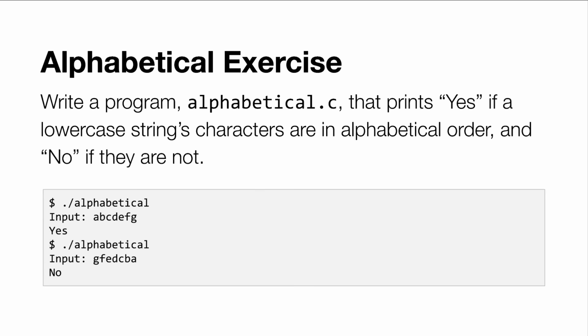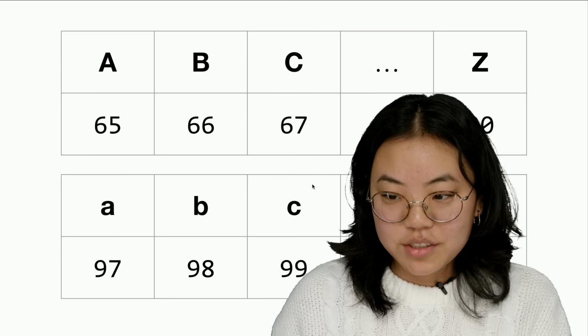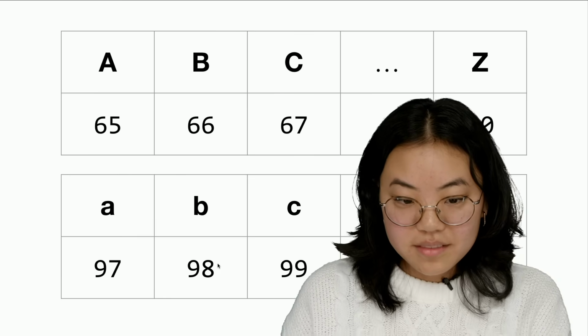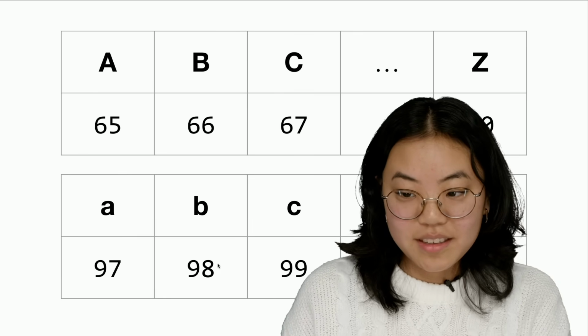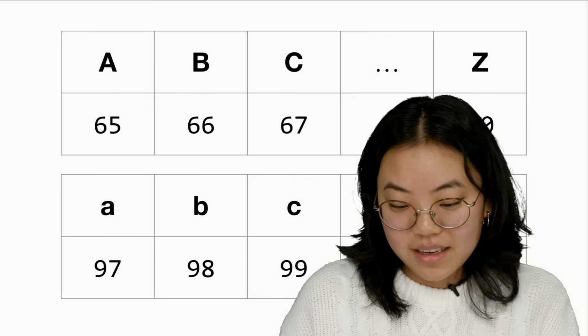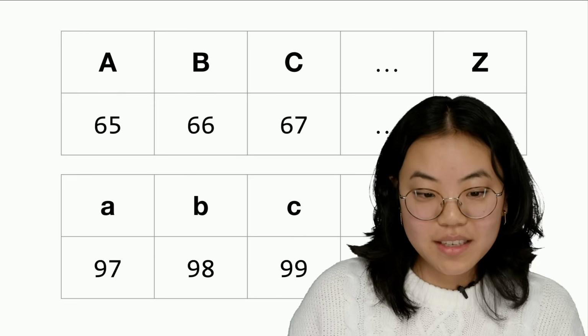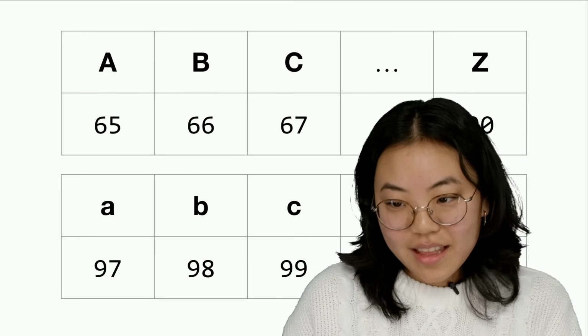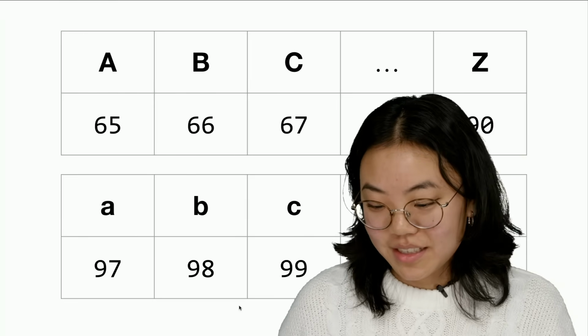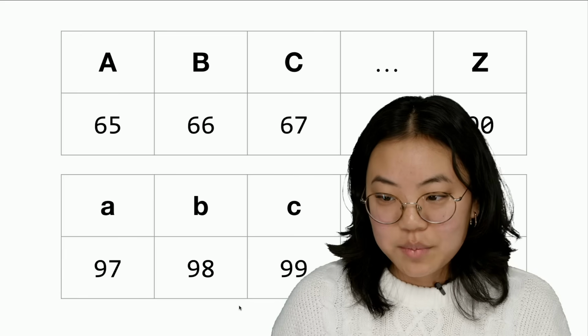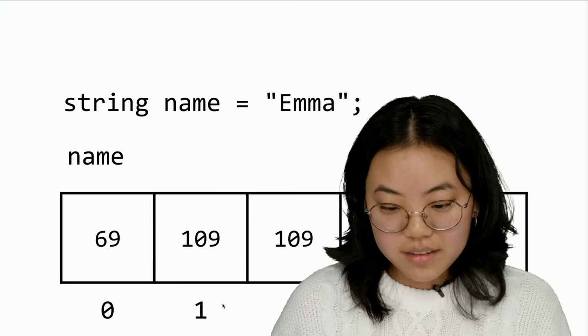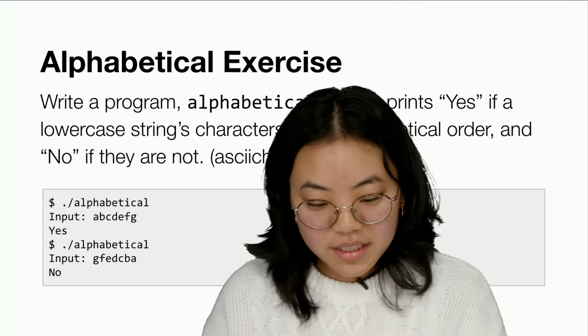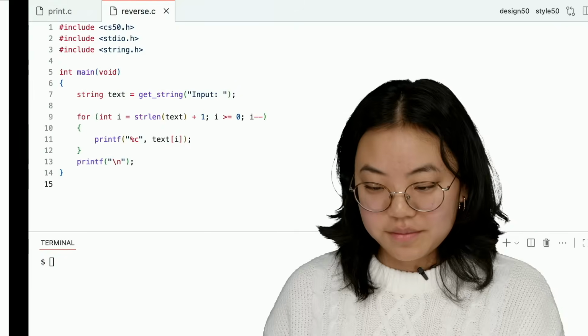Yeah, so someone says if x is less than y, as we saw with this chart, b has the value of 98, which is greater than a's value of 97. So we can take that piece of knowledge into this exercise and come up with a way to check if our string is in alphabetical order.